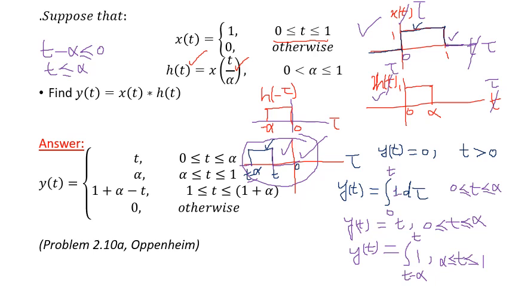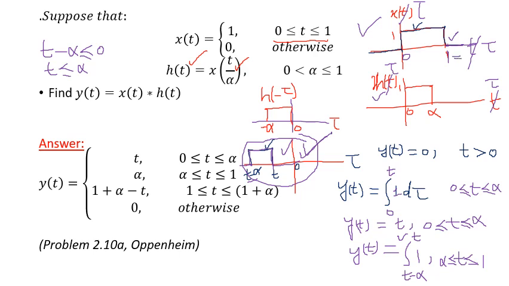So the upper limit will be 1, and the lower limit will be variable, which is this one. The upper limit will no longer be t as in the case here. Why? Because when t crosses this one, although the response signal is non-zero, this signal is 0 beyond 1.